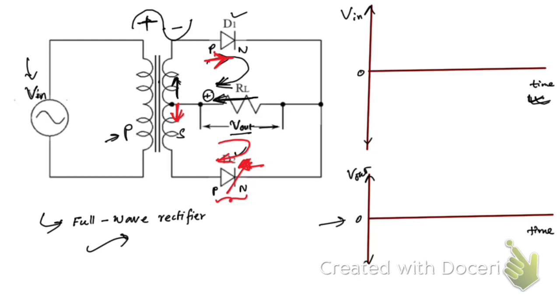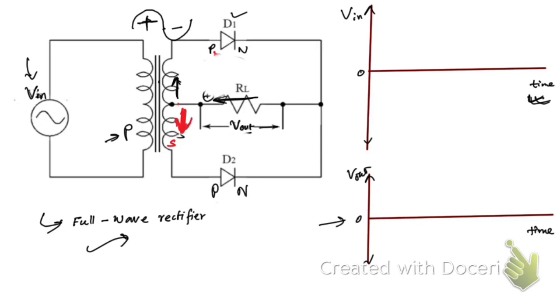Now let us take the opposite situation. Here you see, this is the direction of current. This time suppose this is the secondary coil.